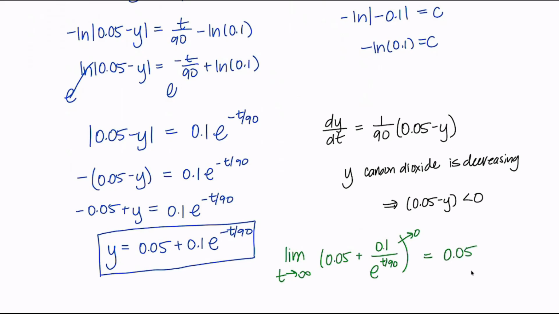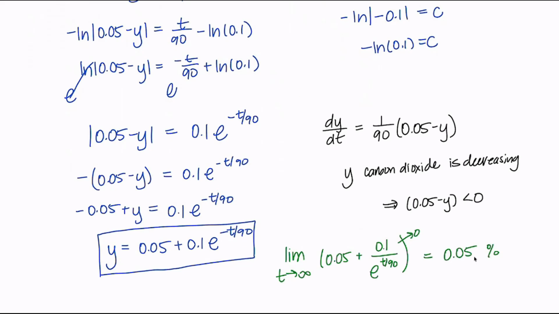0.05 as a percentage. So as time goes on, what's going to happen in that room? Well, the room is going to have 0.05% carbon dioxide. And that should make sense. If I think about the original problem, it started with 0.15 percent carbon dioxide, and we're pumping in this cleaner air that has a concentration of 0.05.